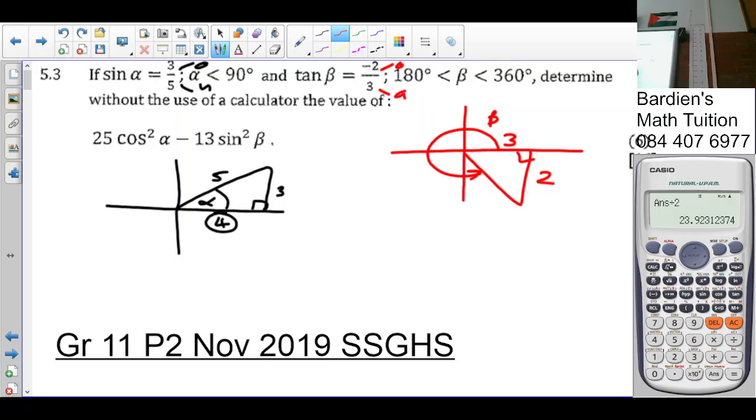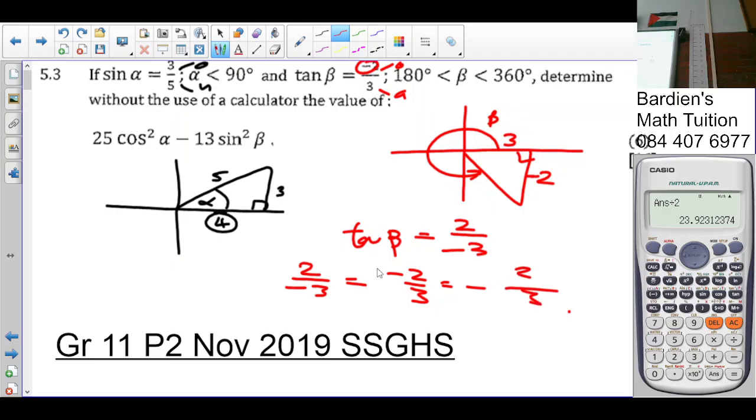So that negative is actually belonging to the 2. So yes, it is negative. Well, this 3 is positive on the positive part of the x-axis. But if I had written tan of beta is equal to 2 over minus 3, that negative still belongs to that 2. Because 2 over minus 3 can be written as minus 2 over 3. All of that is the same.